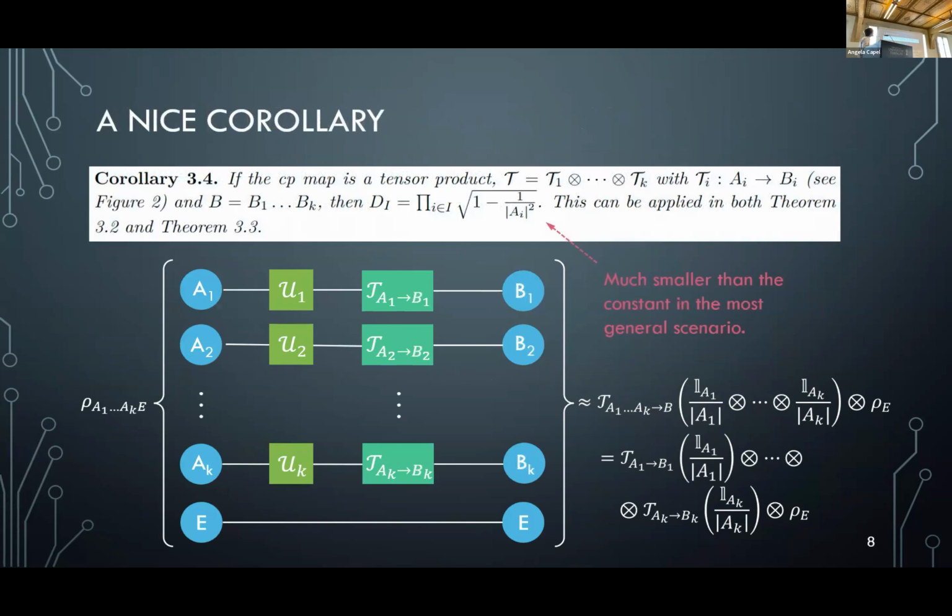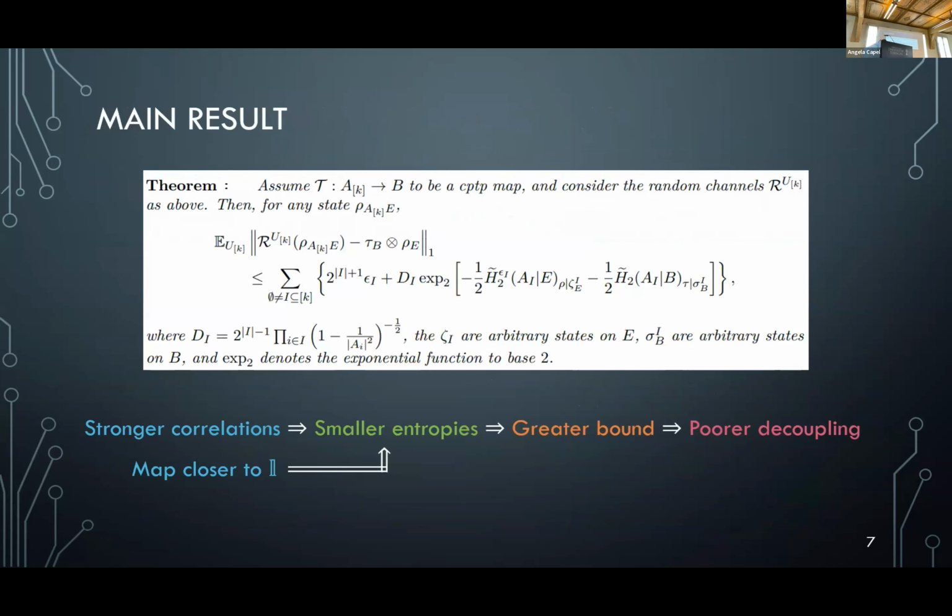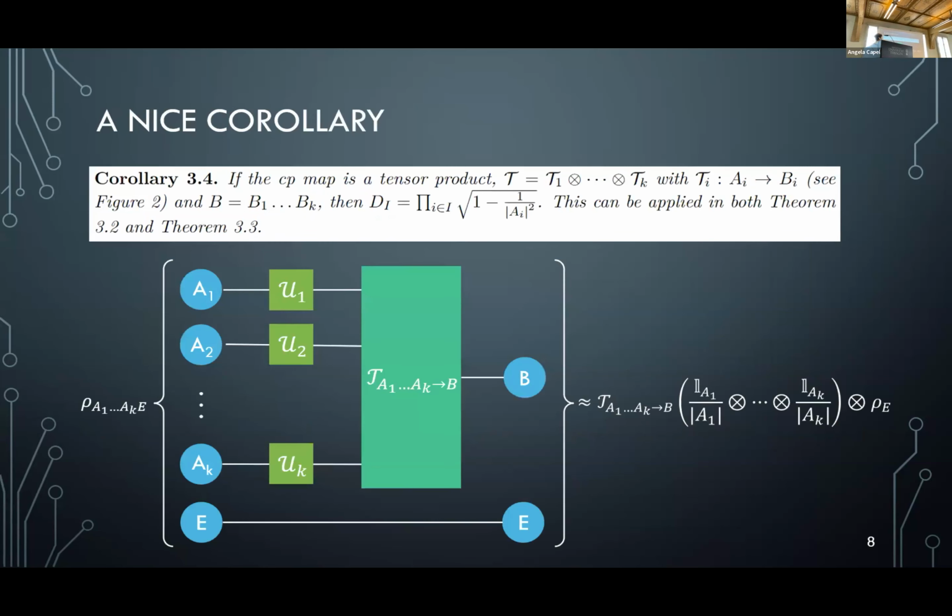So the thing here is that we previously had this constant, which is a pretty big thing. And in the condition, if this map is applied not globally like this one here, but locally on each of the Alices, so this global map has some tensorial structure on A1 to AK, we can actually prove mathematically a better bound.